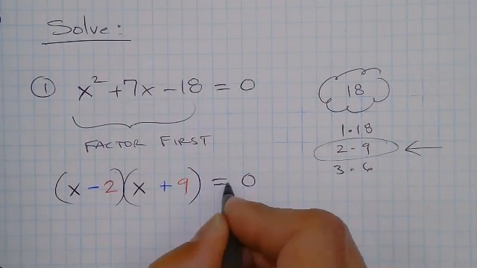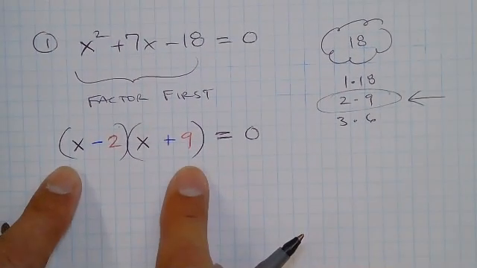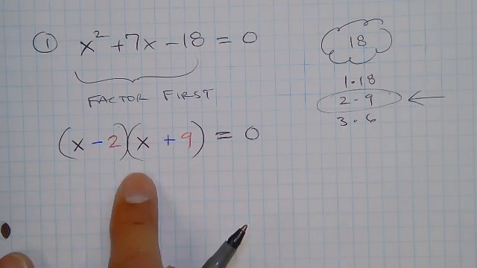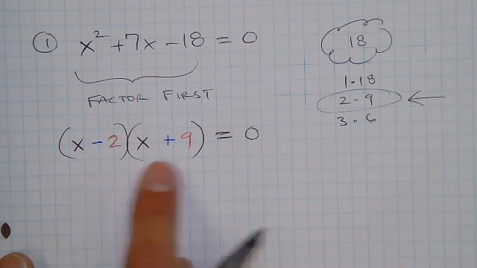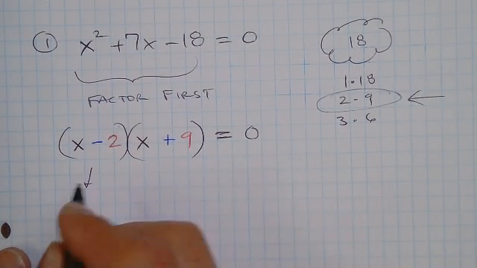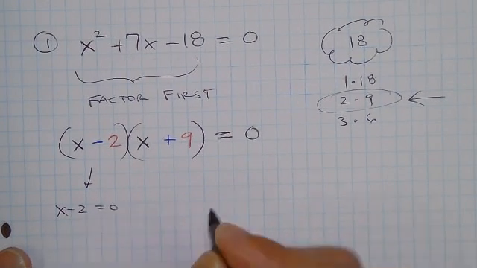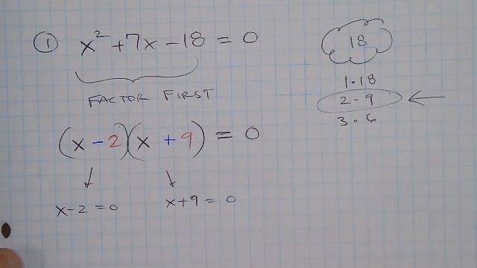That's it, we're finished? No. With the fact that it says equals 0, what does that mean to you? That means this is the zero product property, right? Which values of x will give me a 0 when these are multiplied? Remember the one where you put this x minus 2 equal to 0, and the x plus 9 equal to 0? Remember that?